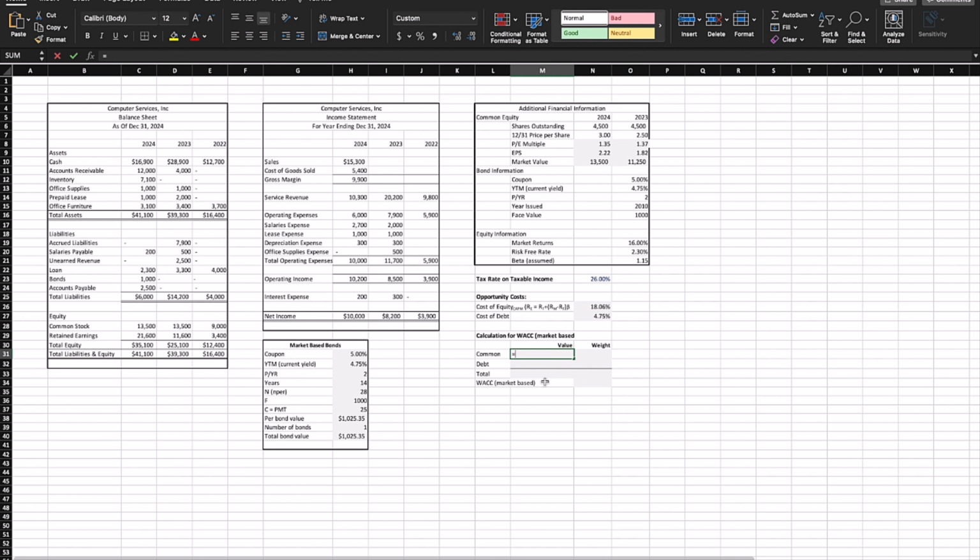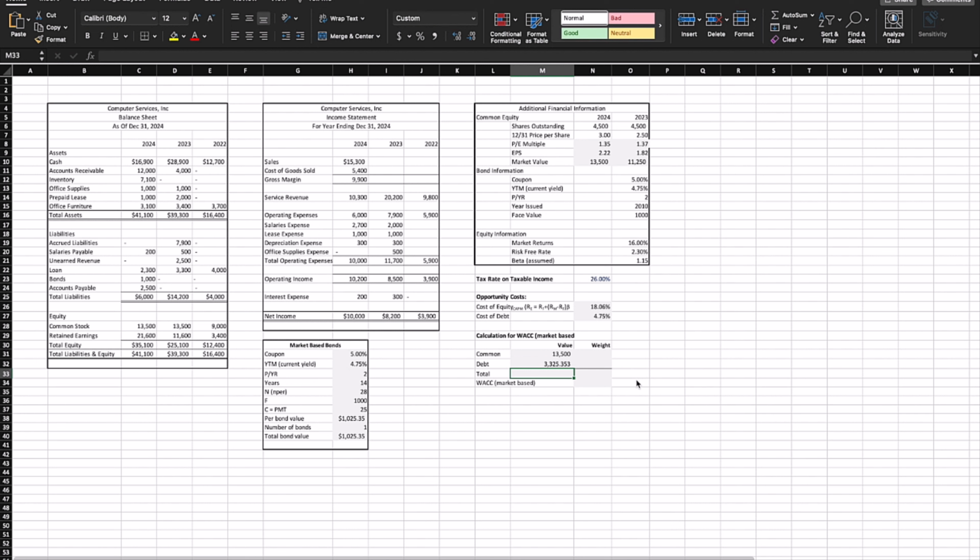All right, now that we have all the information figured out, we can just plug it on in here. All right, so our market price for common is going to be that 35 for our common shares. Our debt is this bond value, our market value for bonds, plus the loan value that's on the books. So this is long term, so we need all long-term debt.